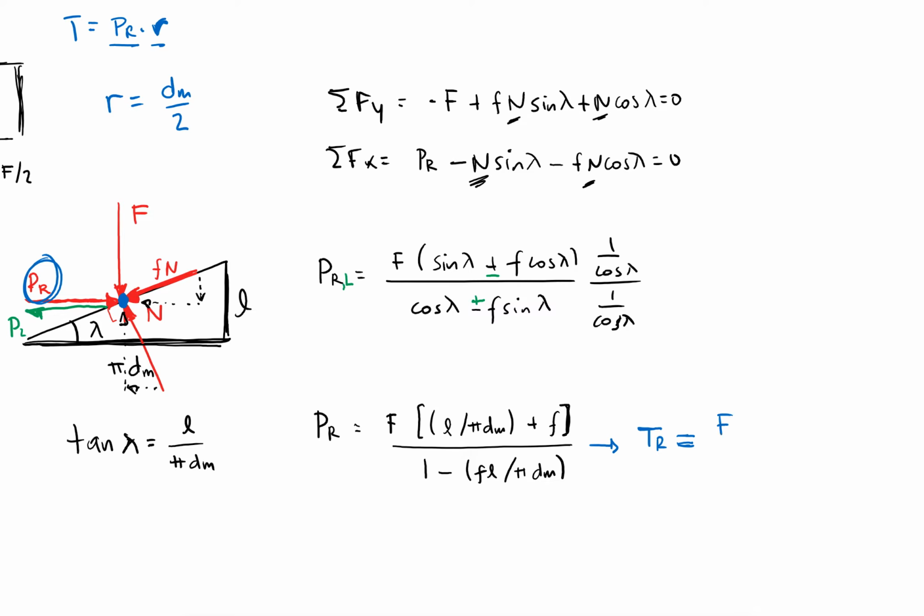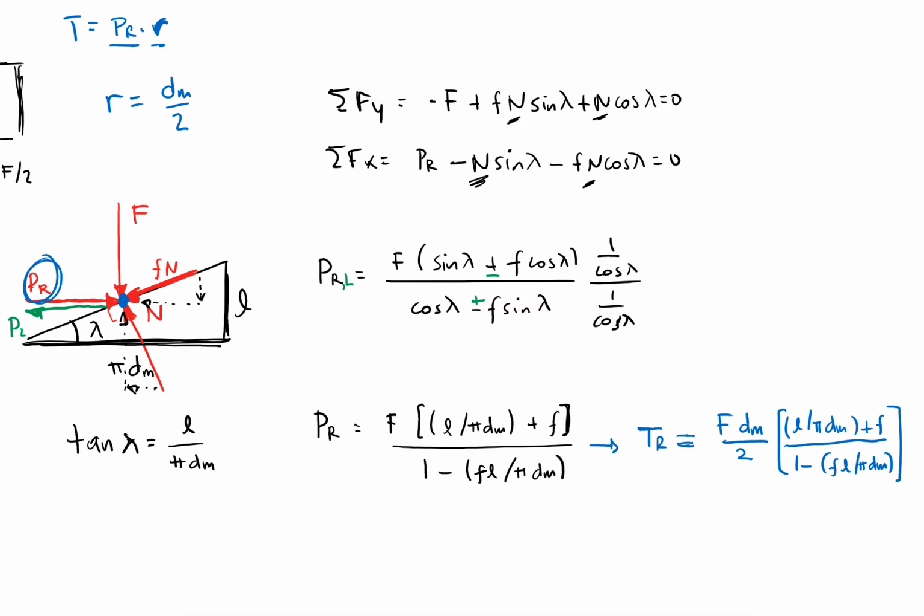Basically, I would have F dm over 2 and times whatever I had already. Let me organize this a little bit better. So times L over pi dm plus f over 1 minus f L over pi dm.